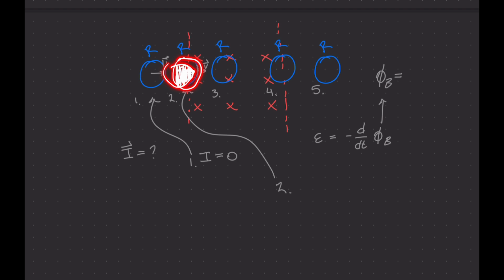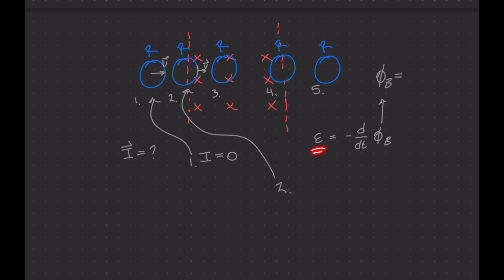So the flux is slowly increasing. Since this function is slowly increasing, the derivative is going to be a non-zero number, which means a potential difference will be created. Because of that potential difference, you can expect a current to appear in this loop. Now, if we just want to find the direction of the current in the loop, we can use another equation that we learned earlier that can help us.